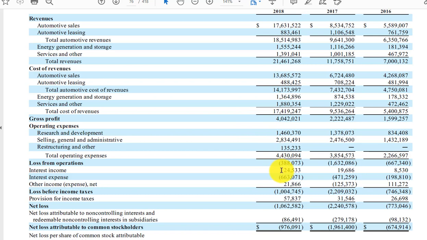So here's the list of expenses, and what I wanted to show you is that not every time do we have net income. In this case, our expenses are higher than our revenues. And so if you look at the bottom, our net, we don't have a net income, we have a net loss. That's the opposite.